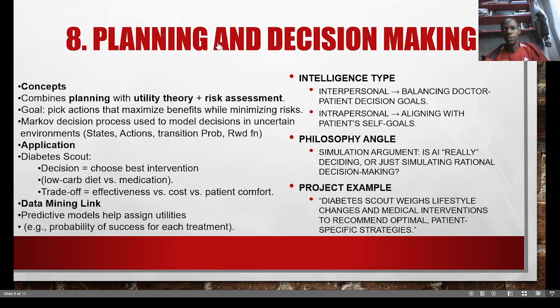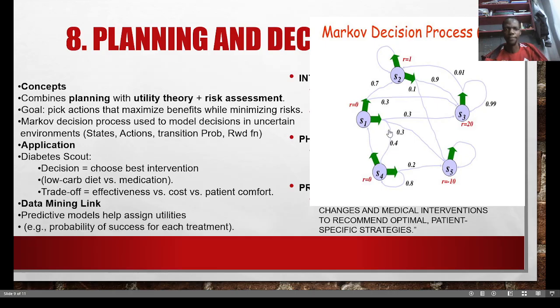Then the reward function. Okay, we can simply visualize it from here. This is the Markov decision process. We have the different states, for example, S1, S2, those are states. Then the actions, we can see that boarding the taxi is an action that you can take to proceed from the state you are in to the other state.